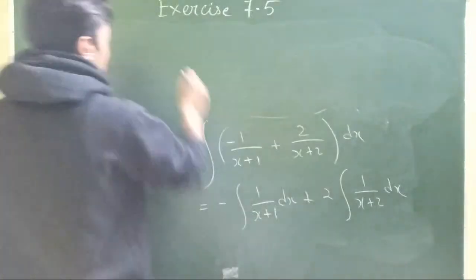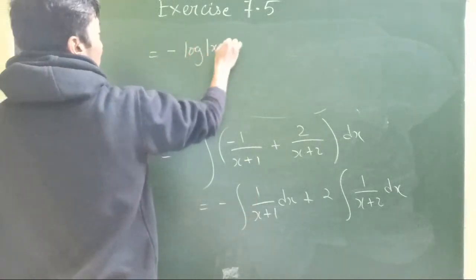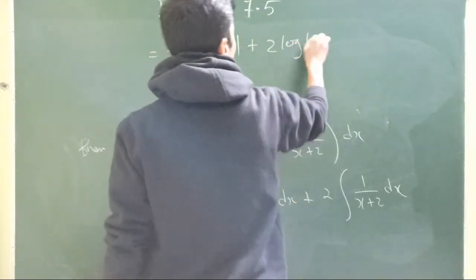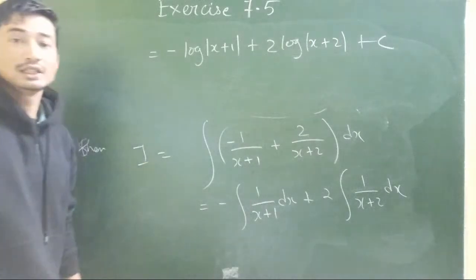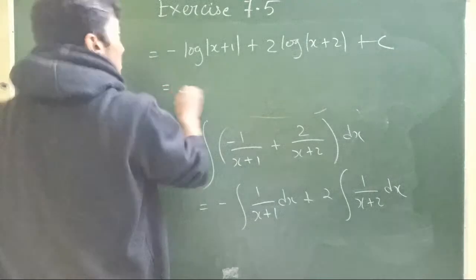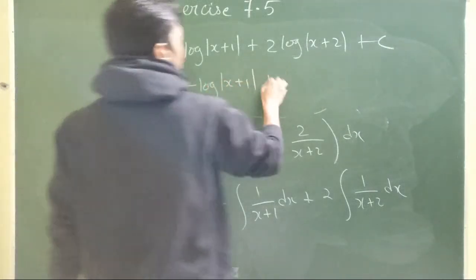We have already learned about this, so I'm not going to do it again: minus log of x plus 1 plus 2 log of x plus 2 plus c. So you can see integration has become very simple and easy. Integration done.